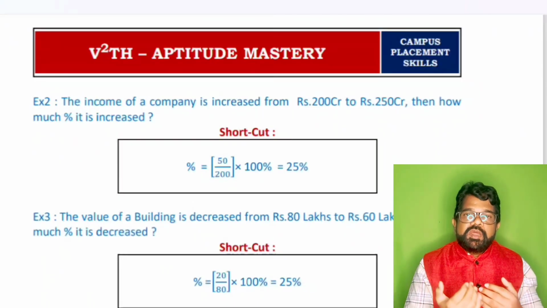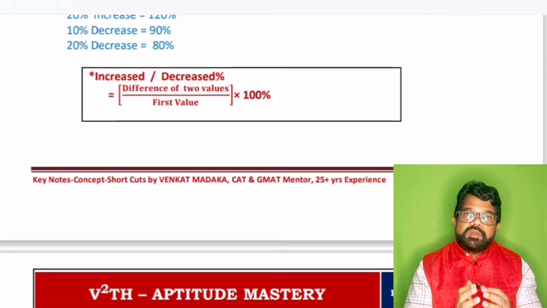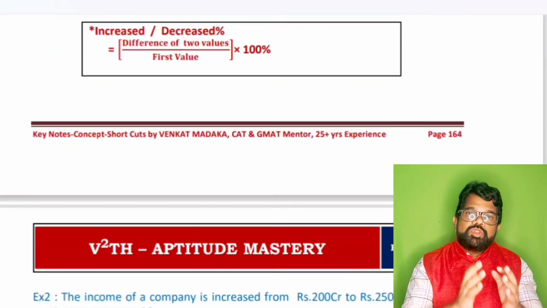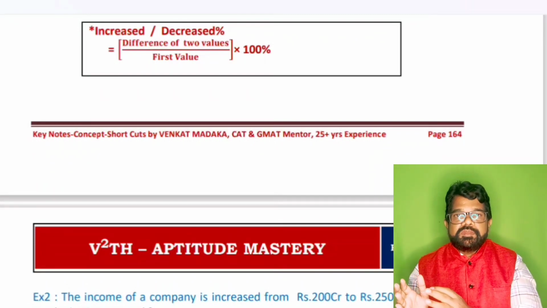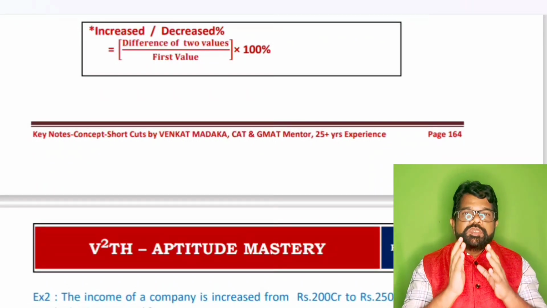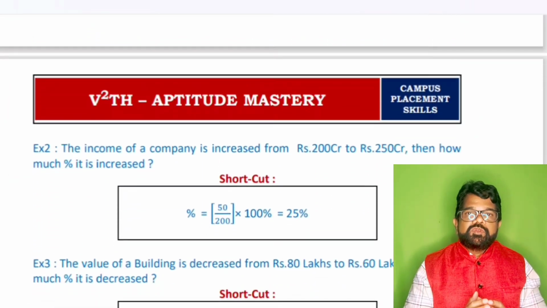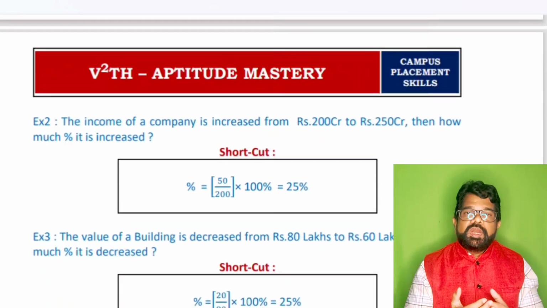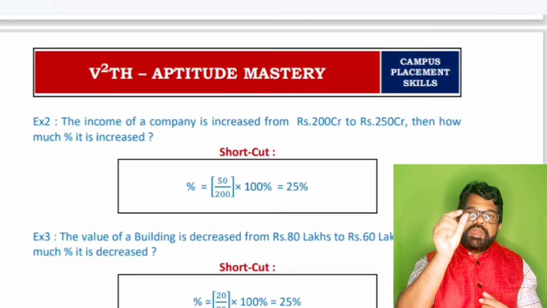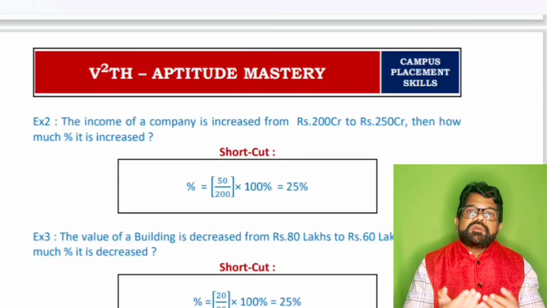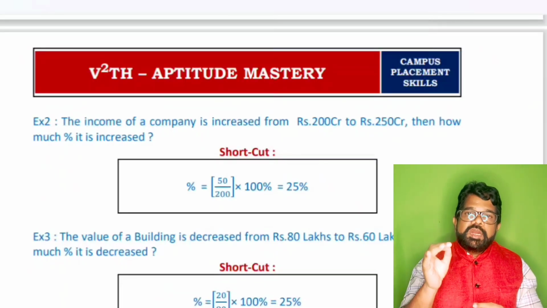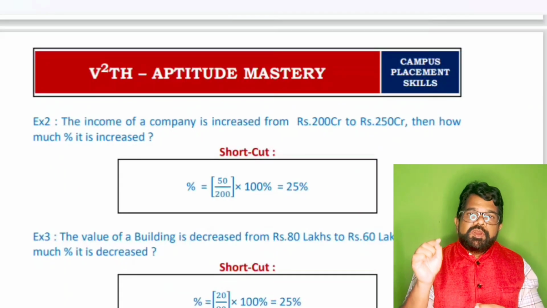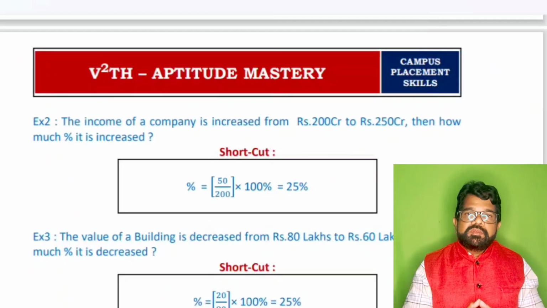Divided by the first value in the denominator. What is the first value here? From 200 crores to 250 crores, the first value is 200. So in the denominator you take 200. The difference goes in the numerator, the first value in the denominator, into 100. If you write into 100, definitely put the percent symbol.